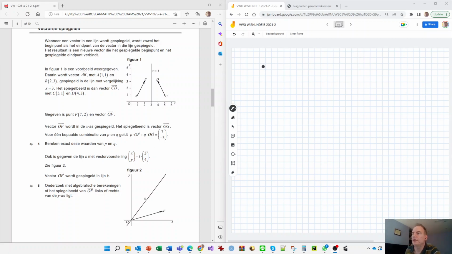Question 5. We have a line k with this vector representation, and the vector OF is reflected in line k, and we have to find out if the reflection of OF in this line is to the left or the right of the y-axis.